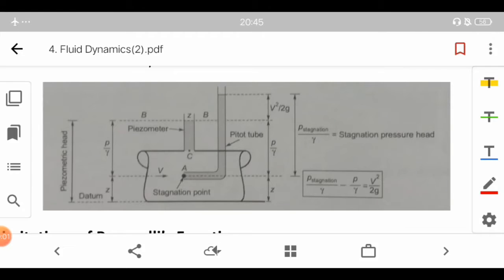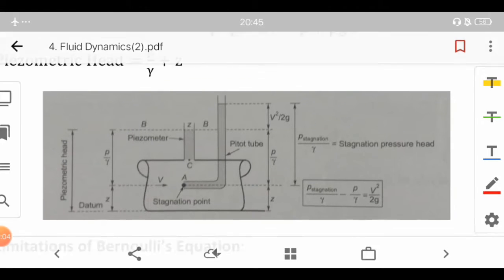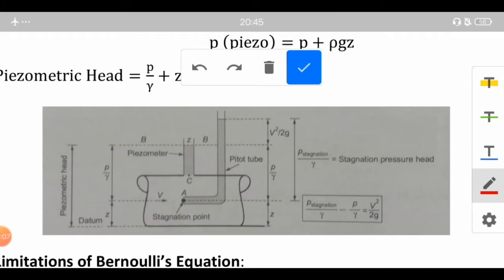Now to get a clear idea, there's a diagram. This will give you a clear idea about the stagnation pressure head and the piezometric head. So P stagnation upon gamma is the stagnation pressure head, and this is given as this one. This total height is the stagnation pressure head, and suppose this is a pipe where fluid is flowing and you have inserted a pitot tube. This point will be known as the stagnation point, and you have also inserted a piezometer.